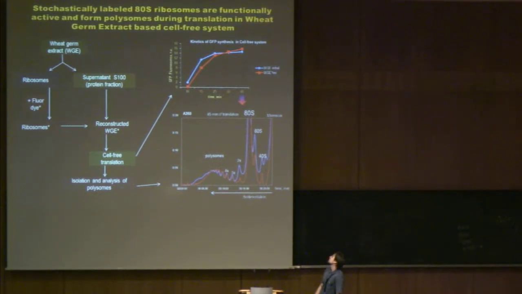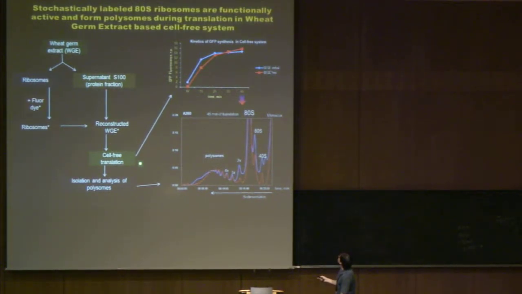We used a ribosome extract to obtain polysomes from labeled ribosomes and the supernatant fraction. This is a fraction of light proteins, translational factors, and others, to reconstitute the extract. This is like the initial extract, but with modified ribosomes.